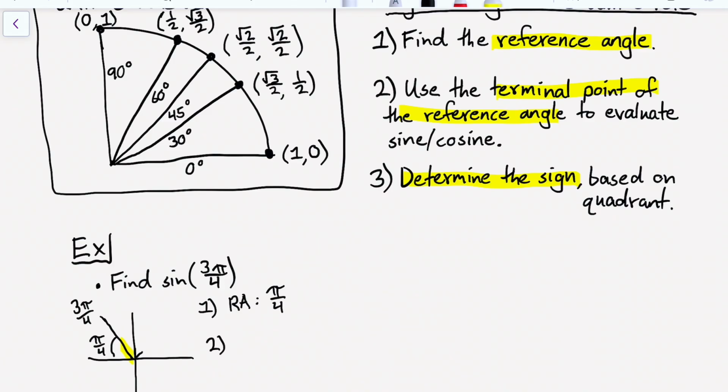Step 2, we're going to use the terminal point for pi over 4, or 45 degrees, to determine sine or cosine. So we know that sine of 45 degrees is the y value of the terminal point, which is root 2 over 2.